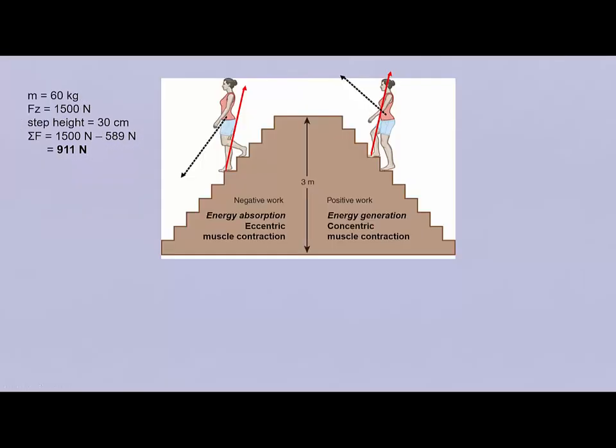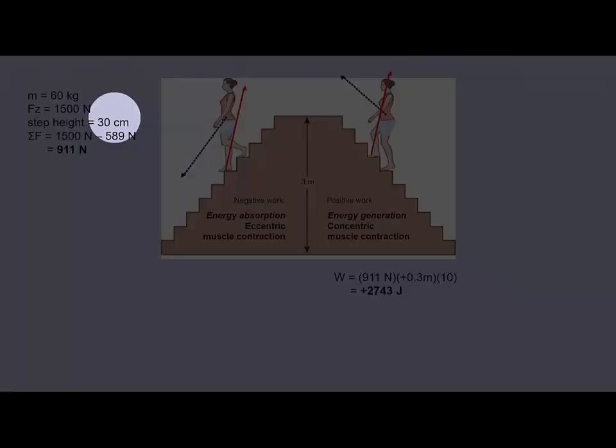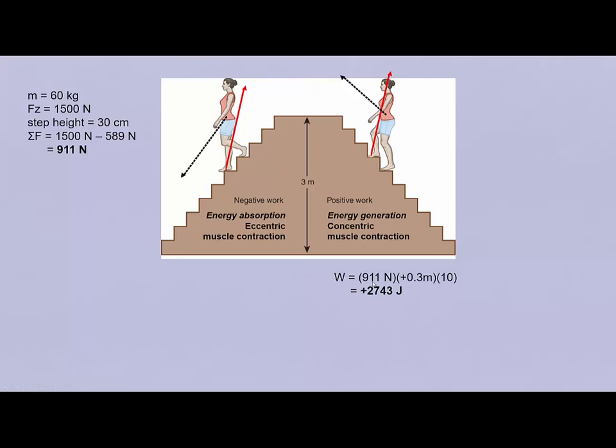So let's calculate the work going up. As I mentioned earlier, work is the product of net force times displacement. Because there are 10 steps, we have to multiply each workload, if you will, by 10. So 911 newtons, that's the net force, multiplied by the height of the step, multiplied by 10 steps. So the total work going up is positive 2,743 joules. That's what J is.